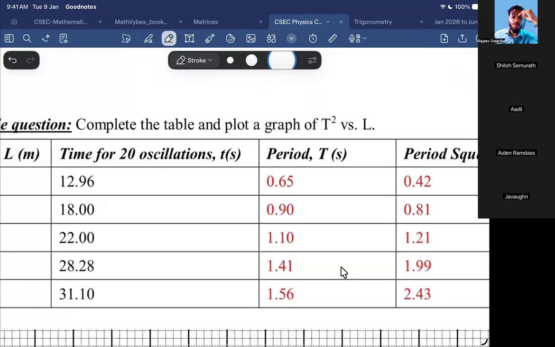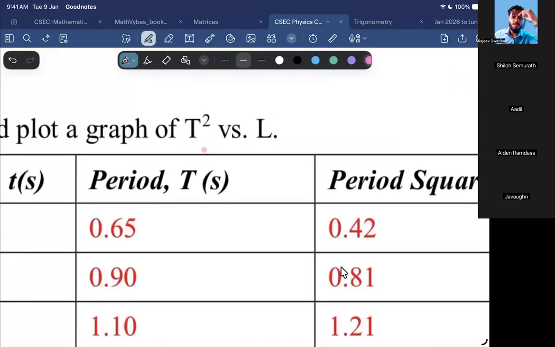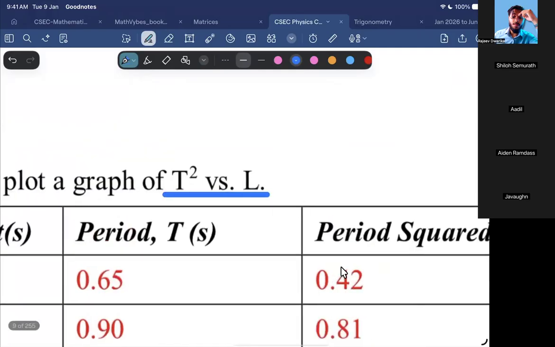You're saying complete the table and plot a graph of t squared versus L. So Adil, what's going to go on the y-axis? Look at the title of the graph. Which one is mentioned first?